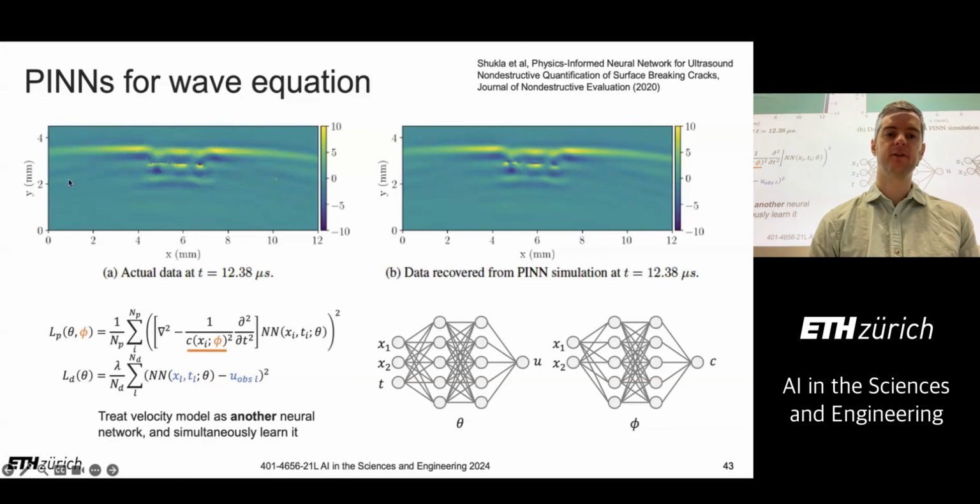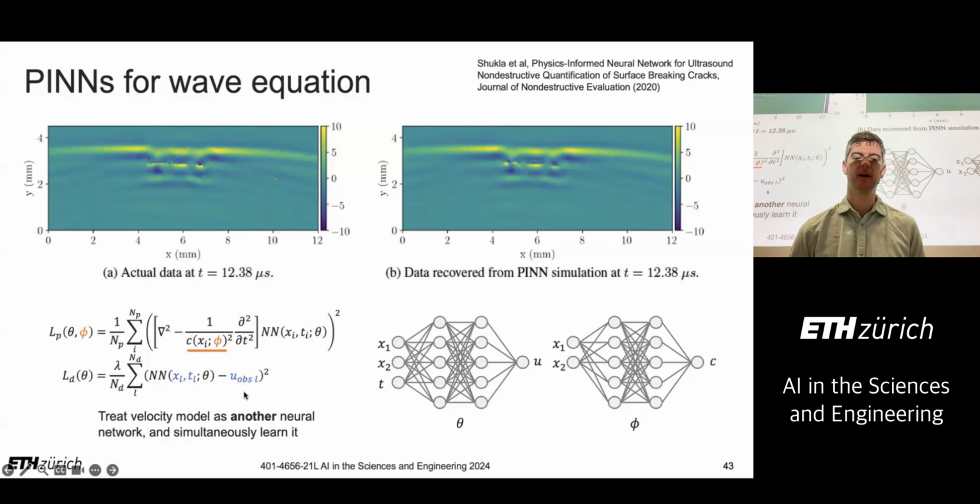So given these measurements of the displacement across the domain, we're going to train the network to match those. And then we're going to also add this physics loss in here, which has the velocity model. And we're going to assume that we don't understand what the velocity model of this plate is.